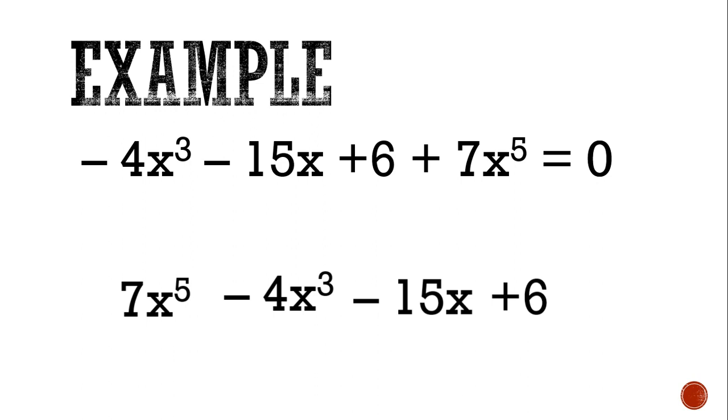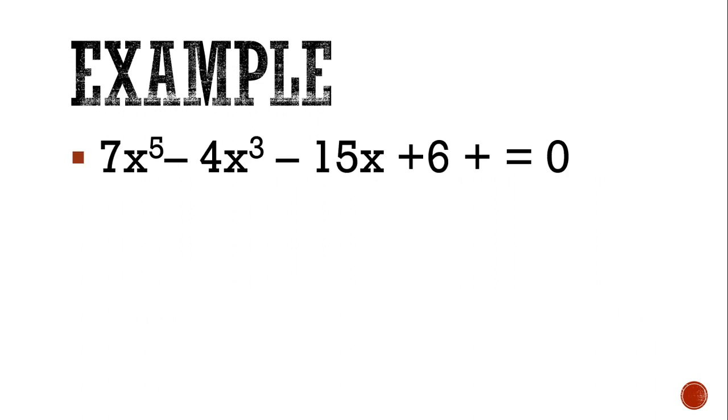In that manner, we arrange the degree of each term in descending manner: 5, 3, 1, and 0. So we now have the standard form of the polynomial equation as 7x raised to 5 minus 4x cubed minus 15x plus 6 is equal to 0.